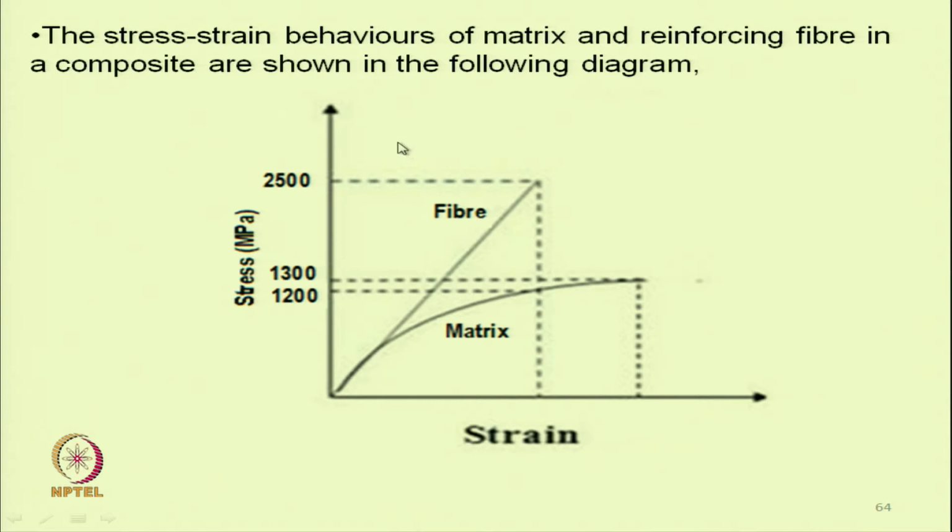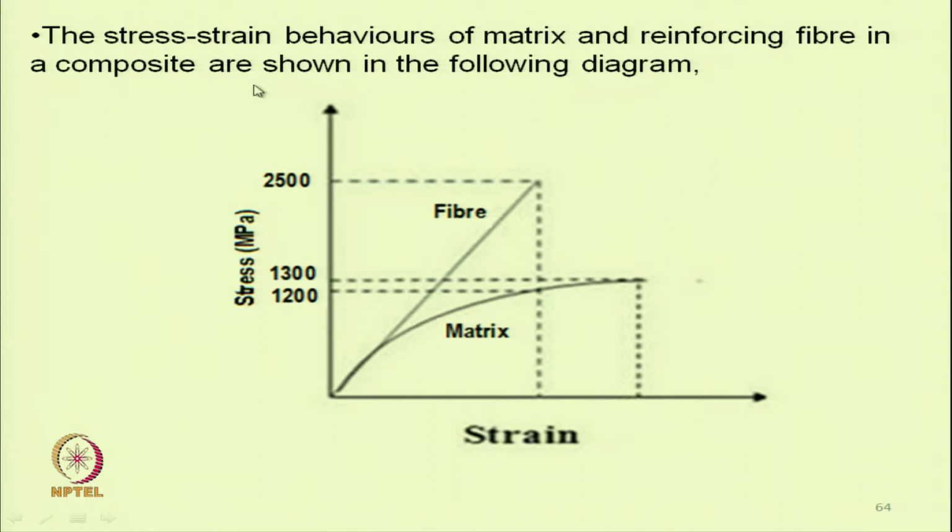So, composite, as we know, has two major components, one is matrix, another is the reinforcing material, that in case of textile based composite is a fiber. Now, here for example, the two stress strain curves are given for fiber and matrix.